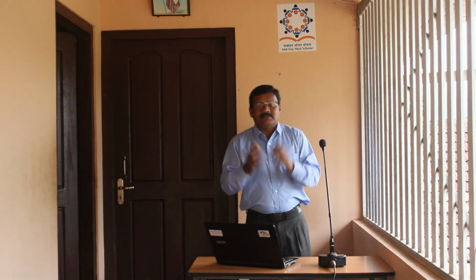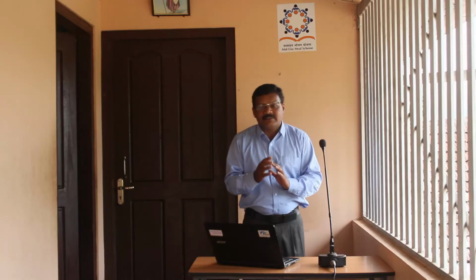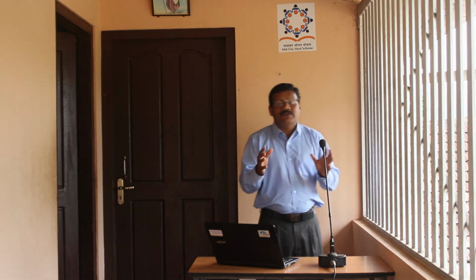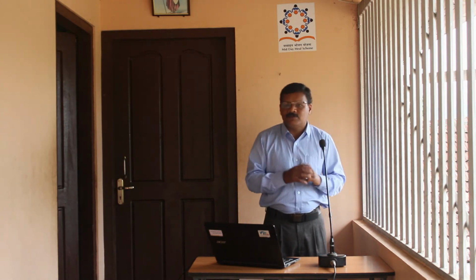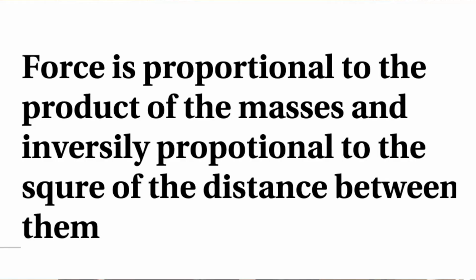To understand this, I have to talk about Newton's law of gravitation. Sir Isaac Newton said that there is a force between two bodies in this universe. That force is directly proportional to the multiplication of their masses and inversely proportional to the square of the distance between them.